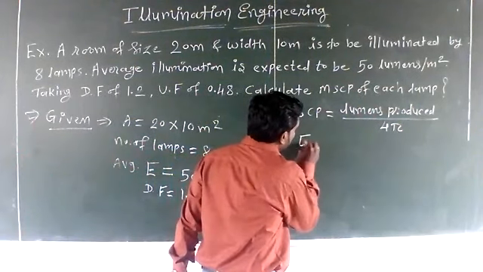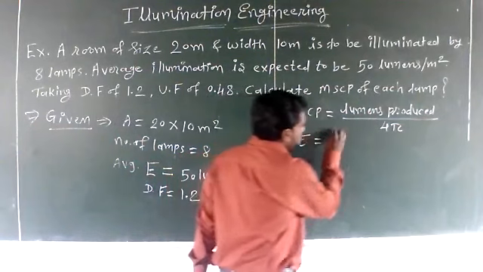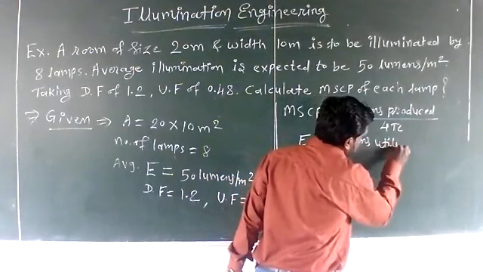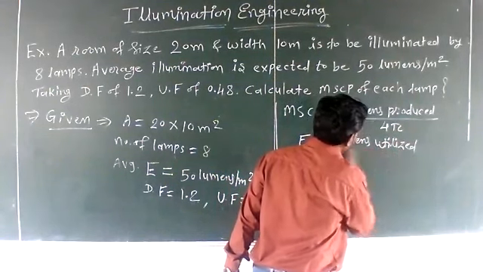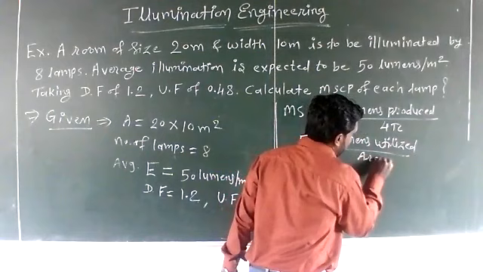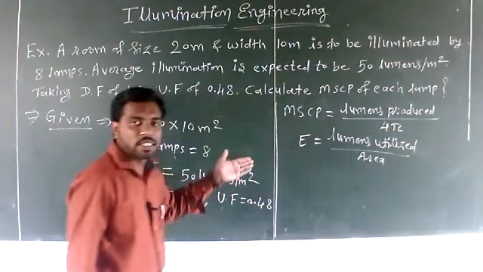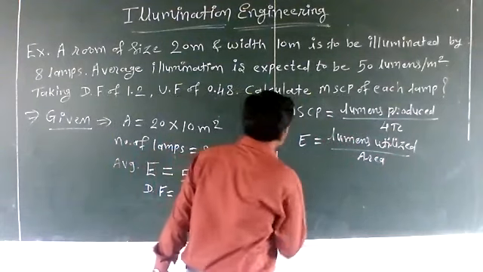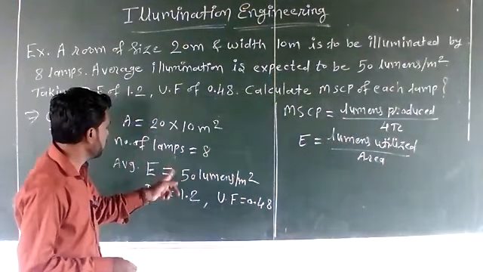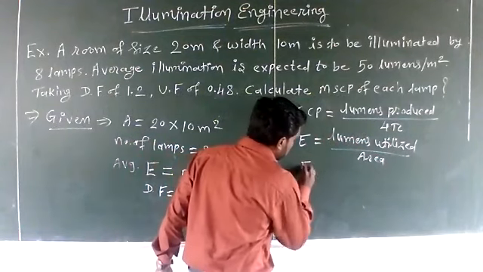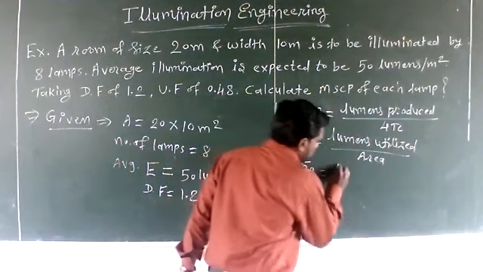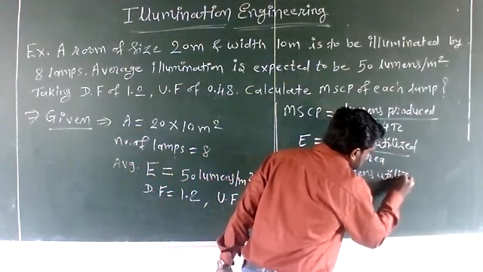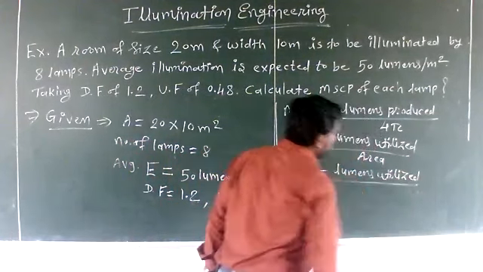So here illumination E is equal to the lumens utilized upon area. So illumination is equal to the lumens utilized upon area. So illumination is given, it is 50. So 50 is equal to the lumens utilized upon the area.